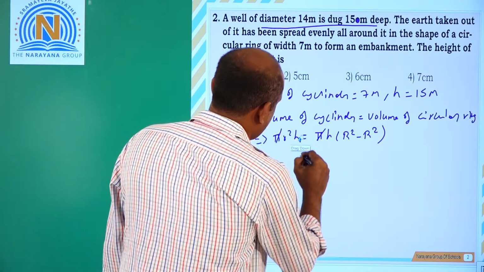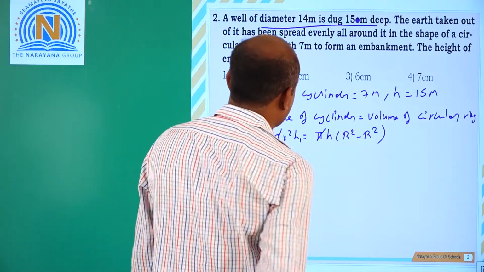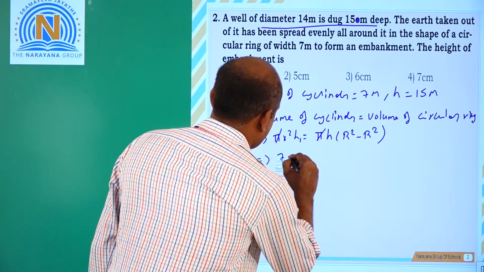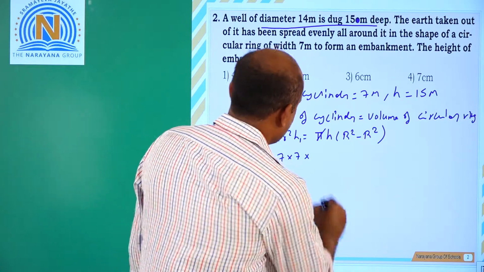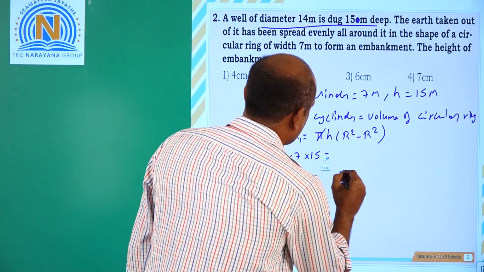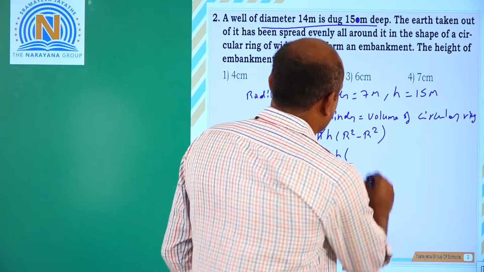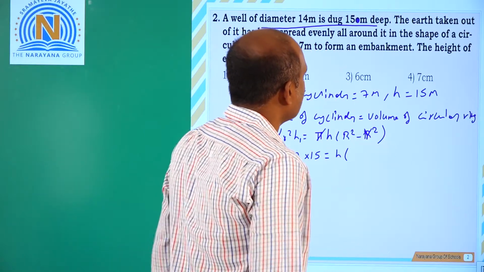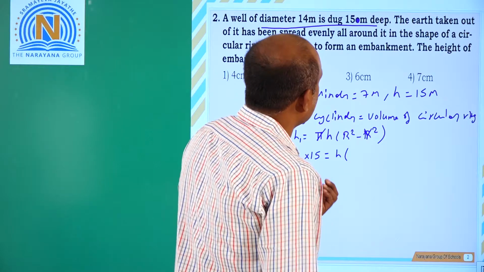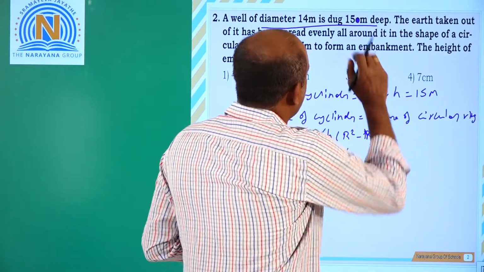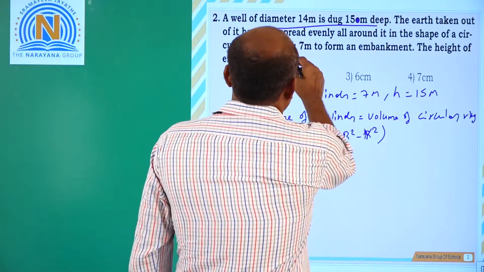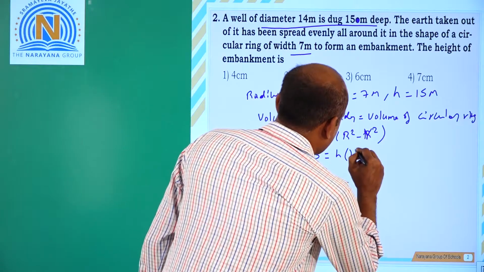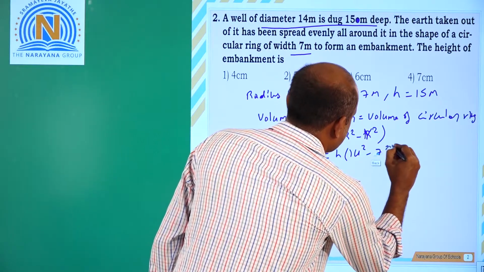Here take h as the height of the ring. The radius of the cylinder is 7, so 7 into 7 into height 15 meters is equal to h into capital R square minus small r square. Capital R is the outer radius, small r is the inner radius. Inner radius is nothing but the radius of the well. Outer radius: width is 7 meters, so 7 plus 7, 14 meters. 14 square minus 7 square.